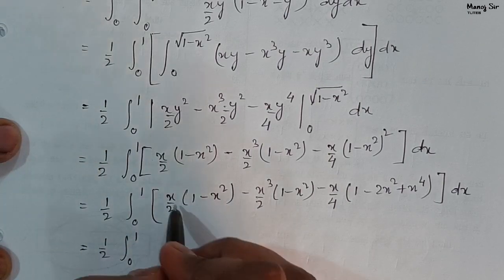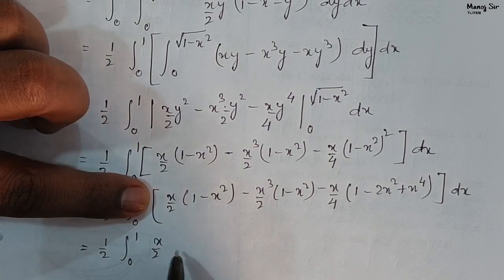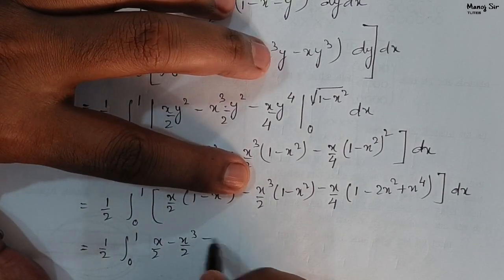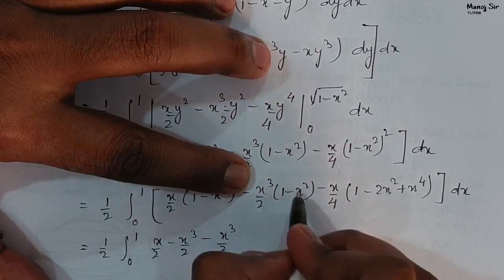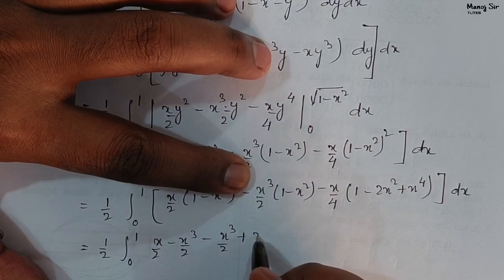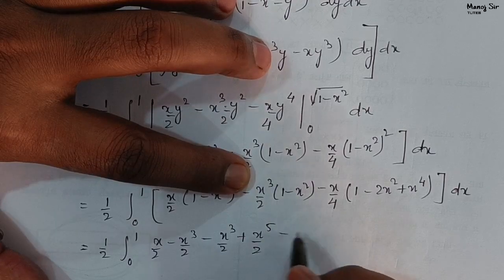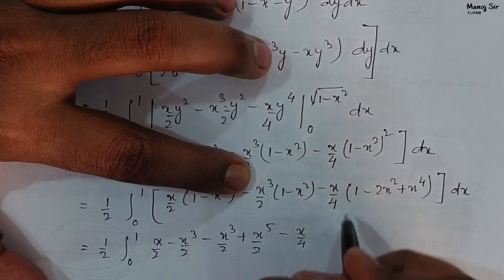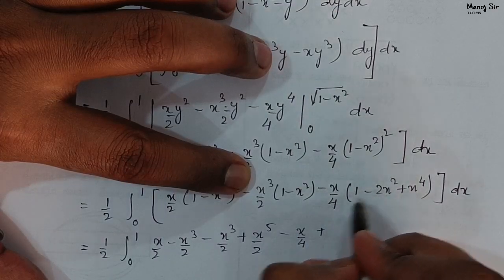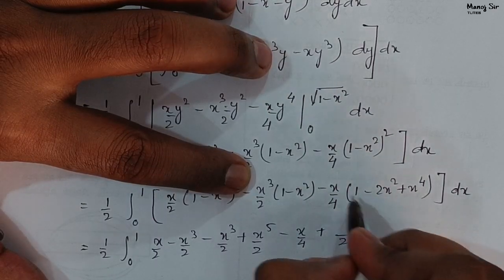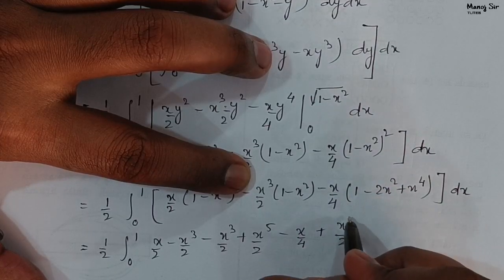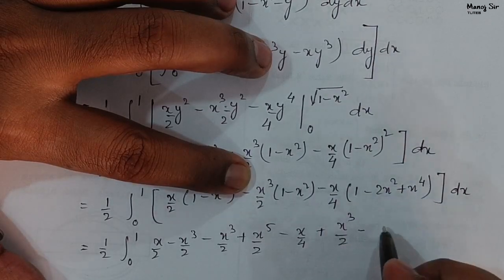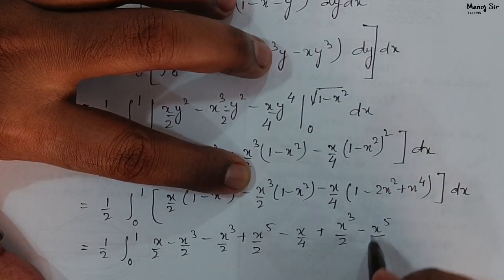Integration 0 to 1. Here we have x upon 2 minus x cube upon 2, plus x to the power 5 upon 2, minus x upon 4 into 1, that is x upon 4, plus 2 upon 4, that is half, x into x square, that is x cube, minus x to the power 5 upon 4.